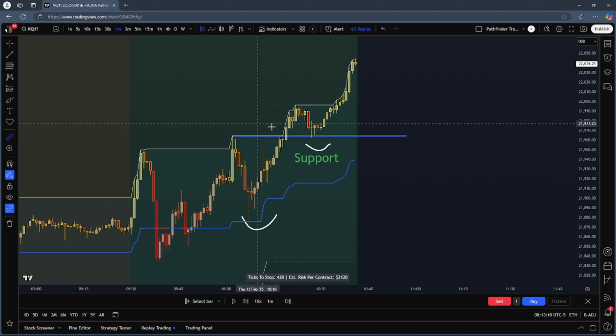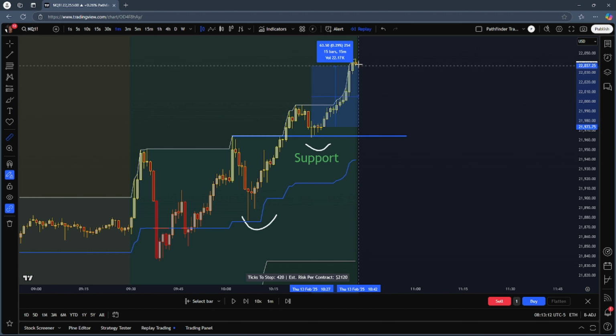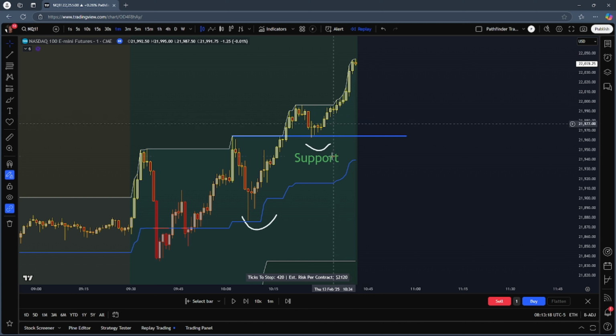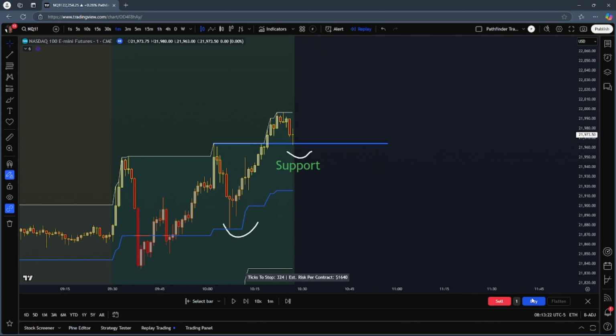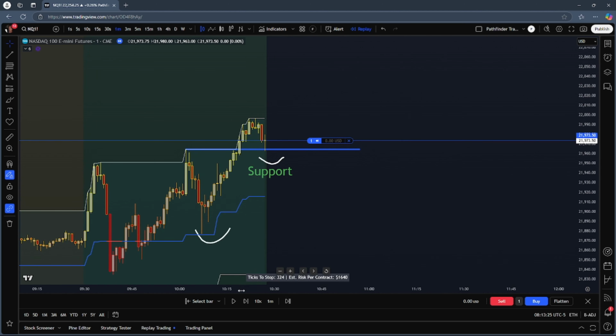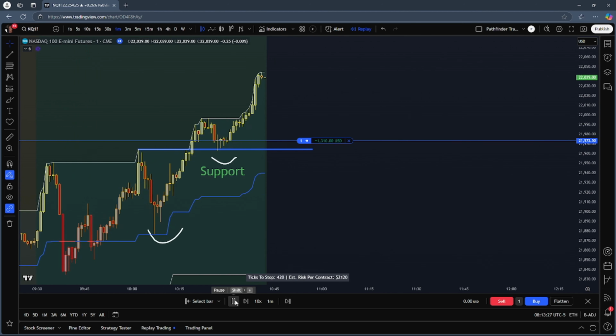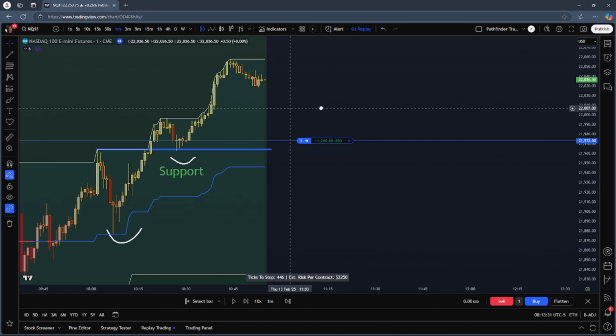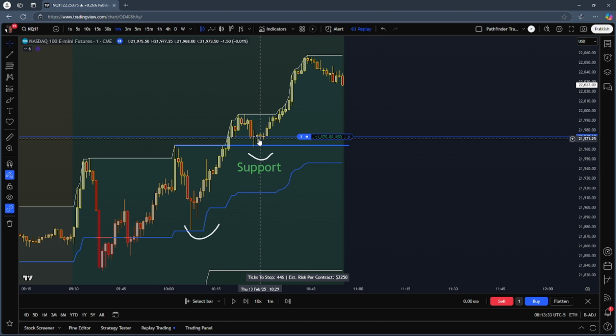Boom. This move off of that is 268 ticks. Okay? If you were to take this entry on one contract, this is over $1,600 just on one contract at the peak up here.